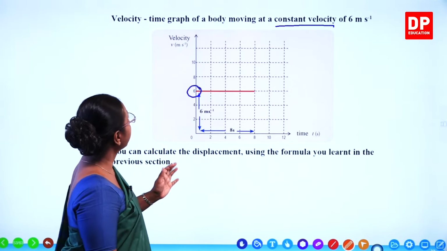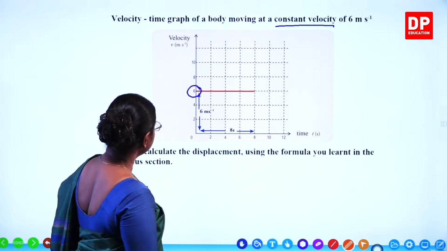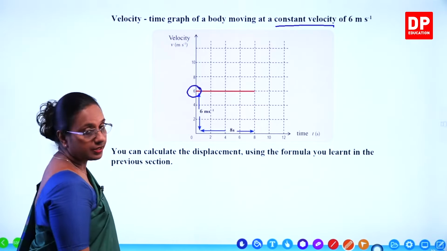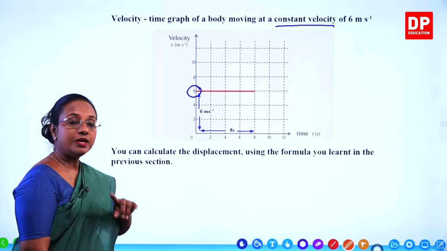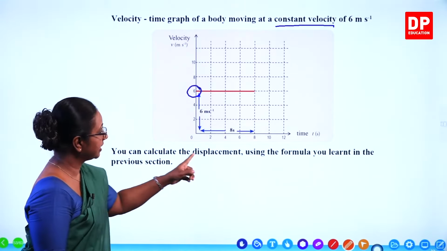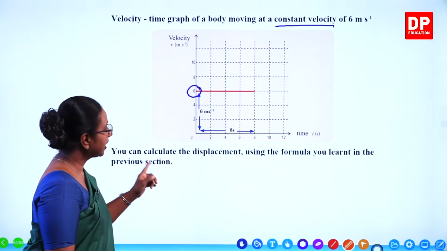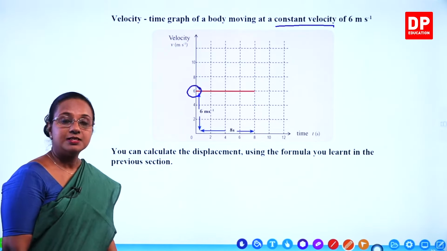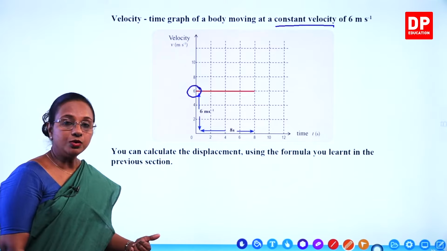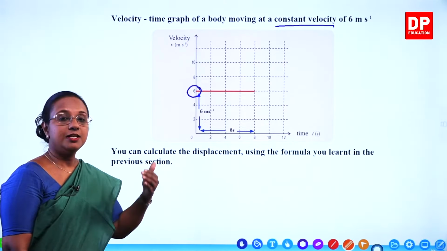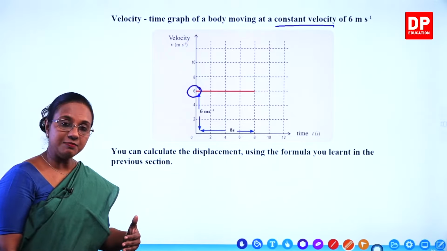Now, as I said, we have the velocity here on the y-axis and the time on the x-axis. Now, we will go back and see how we calculated displacement. You can calculate the displacement using the formula you learned in the previous section. What did we do? We rearranged the equation for velocity, displacement divided by time.